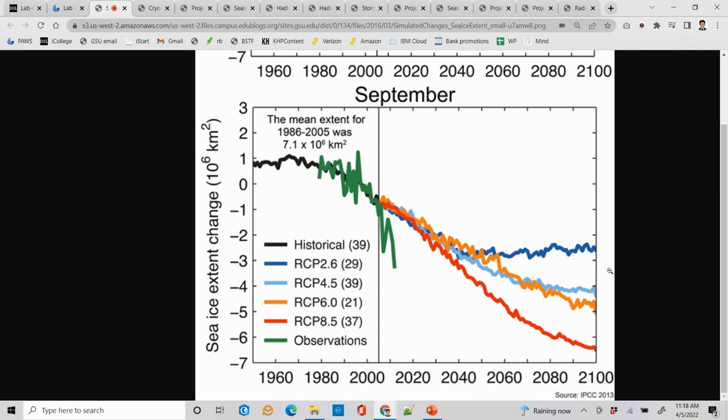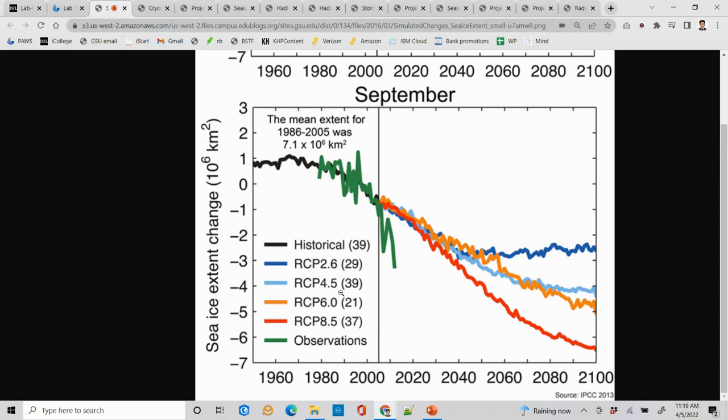So all you need to do is take this number here, like 1986 to 2005. It was 1, and at the end of 2100 it was around -4. That means the change is -5.